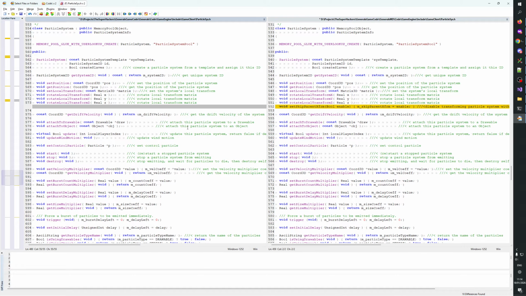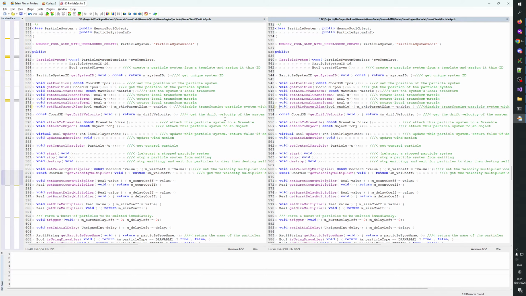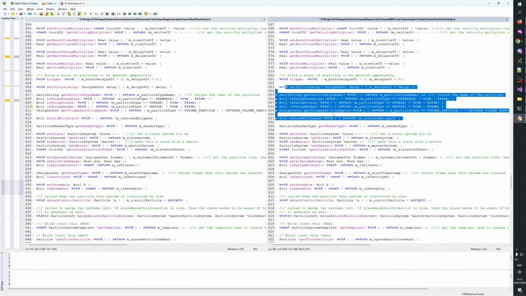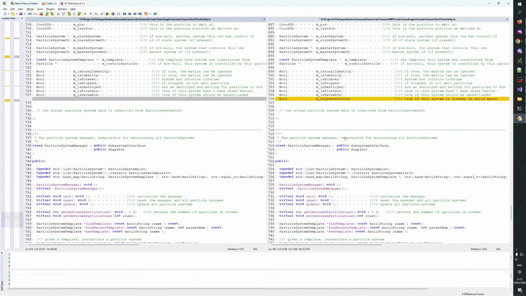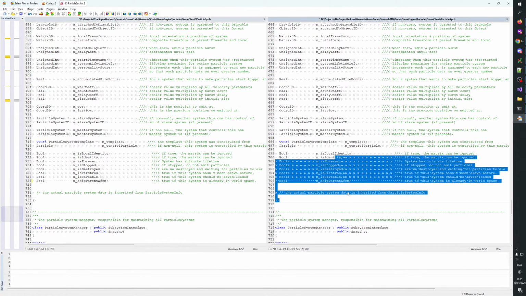Set skip parent X form. Okay. Is using smudge. Okay, it's not too many differences here. Boolean, okay. Take that.